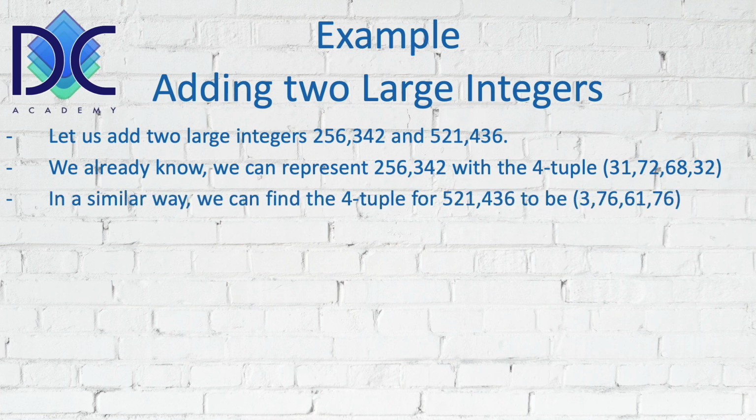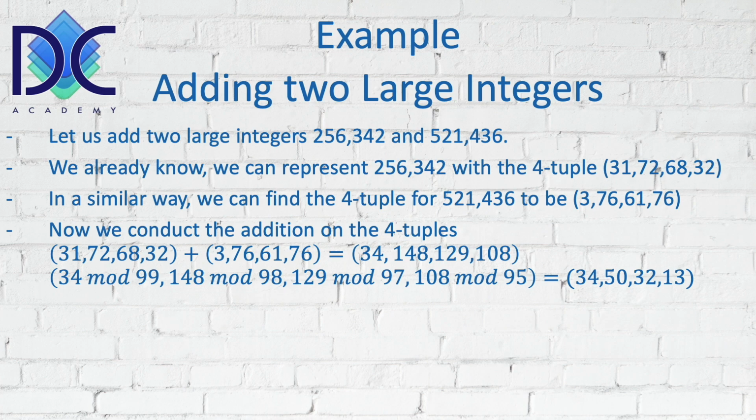We can find in a similar way the 4-tuple for 521,436, which leads to 3, 76, 61, and 76. Now, in order to add, we conduct the addition on the 4-tuples. So we find 31, 72, 68, 32 plus 3, 76, 61, and 76.